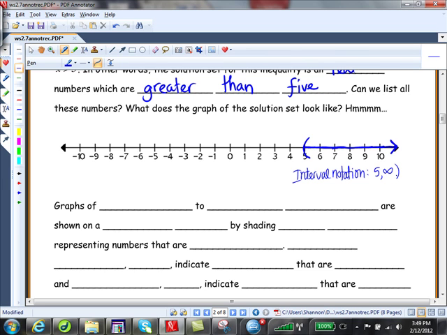Positive infinity means either infinitely right or infinitely up. And in this case, the movement is left or right, so it's going infinitely to the right. Now, if we put a parenthesis here, it means we are not including 5. So that is the result for interval notation of all numbers greater than 5. Now, set builder notation.